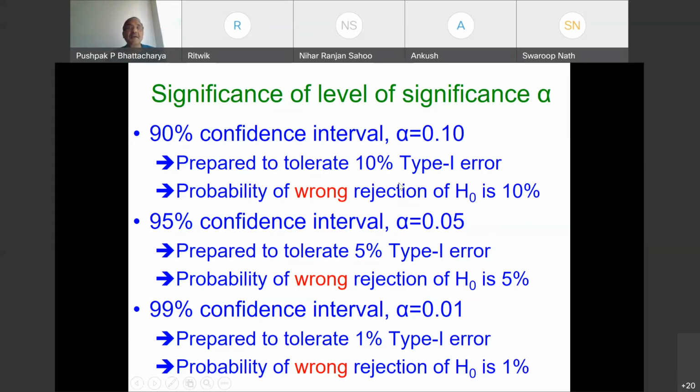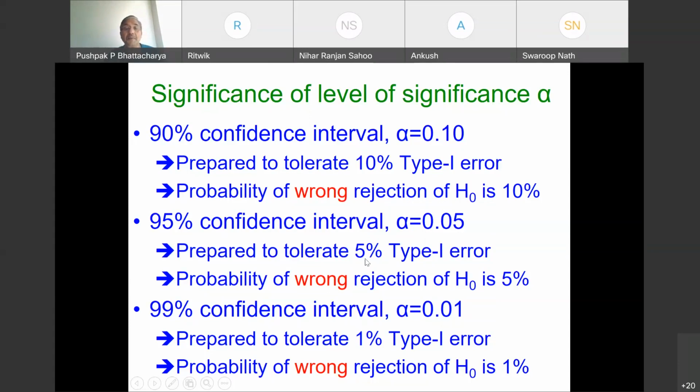Many things are being said here; you will have to connect those dots. A 90% confidence interval corresponds to a significance level of 0.1. This means we are prepared to tolerate 10% type 1 error. That means if we reject H naught, the probability of this being wrong is 10%. If 95% is the confidence interval, then the level of significance is 0.05.